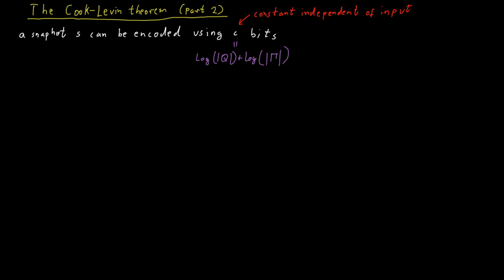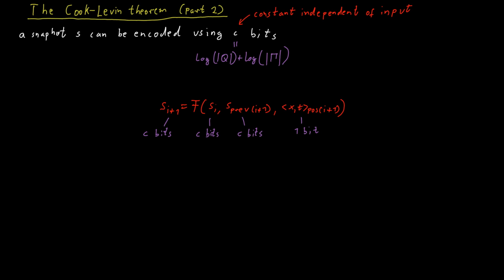So our function f here, if we look at the arguments of that function, there are two snapshots there and then some bit from the input. And so really there are only 2c+1 bits as arguments of this function. And then on the left-hand side we have a snapshot which is also encoded by c bits.